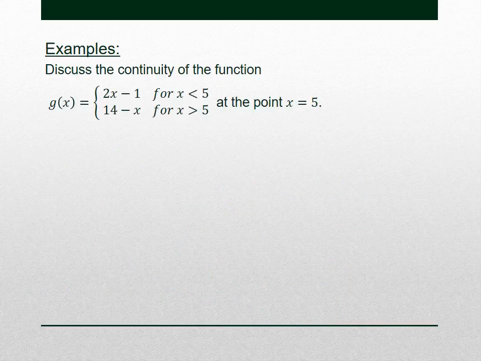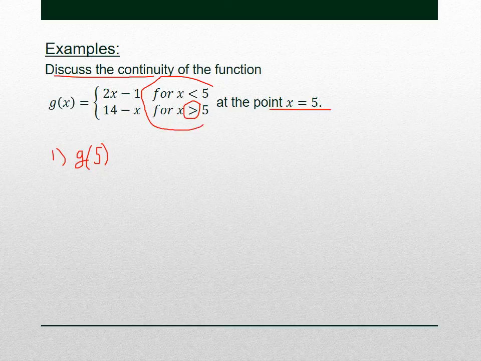All right, here's another one. Notice we still have 2x minus 1 and 14 minus x, but this symbol has changed, right? Instead of being an or equal, it's just a greater than. So let's discuss the continuity at x equals 5. So step 1 of the definition of continuity is, what is g of 5?